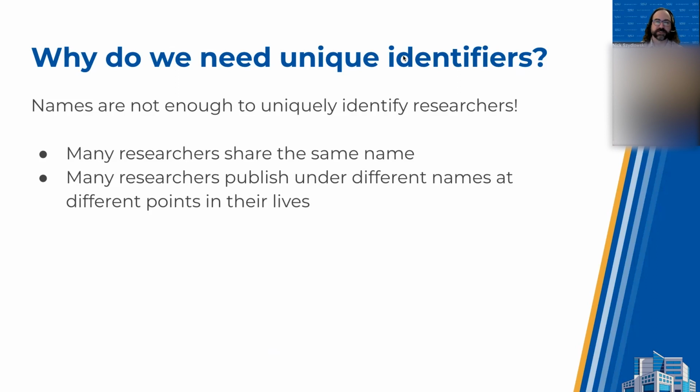Many researchers have the same name, and many researchers, for a variety of reasons, will publish under different names at different points in their lives. So on the side of huge information systems, this lets the systems know uniquely which individual authored which article, which individual produced which data set, without relying on names, which can be quite messy.